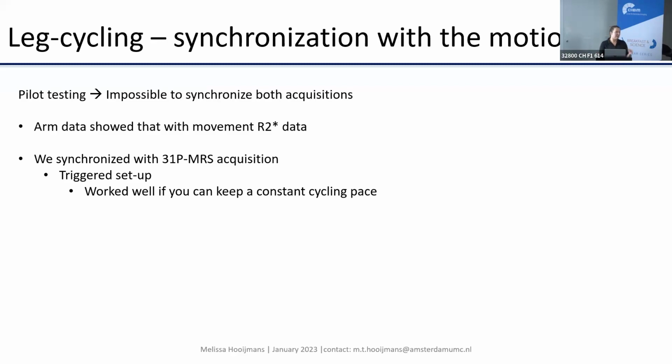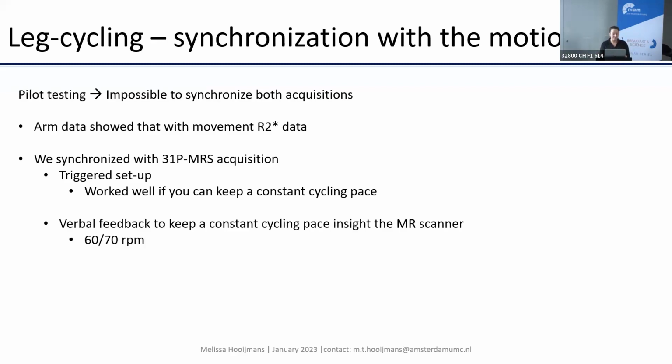performing the exercise anyhow. So we also had somebody inside the MR room to give verbal feedback to the participant to tell them to either cycle faster or slower. Outside, where you normally see the heart pace of a participant, I see the cycling rhythm. So I try to force them within a rhythm of 60 or 70 rounds per minute to get a relatively constant cycling pace.